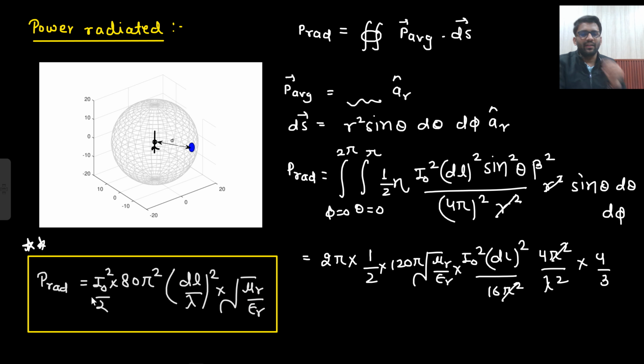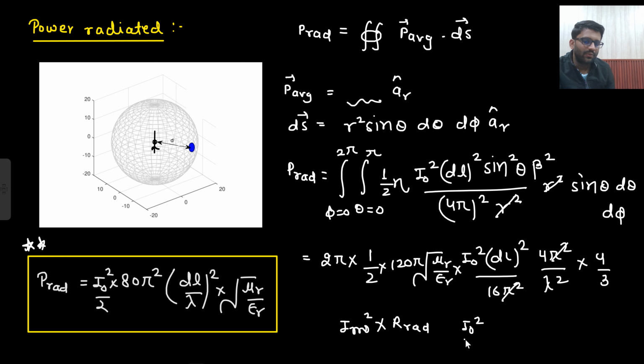So what is my P radiated? My P radiated is I naught square by 2 into 80 pi square into dl by lambda whole square into under root mu r by epsilon r. And if it is free space, if they are talking about air, then this factor will be 1. So only this factor will be coming into action. What is the power? Power is I RMS square into R, right? So this is the value of R. And what is I RMS square?